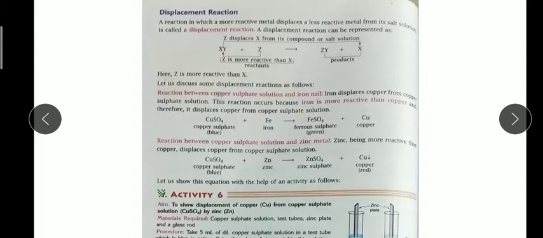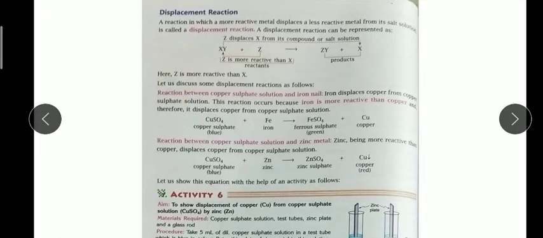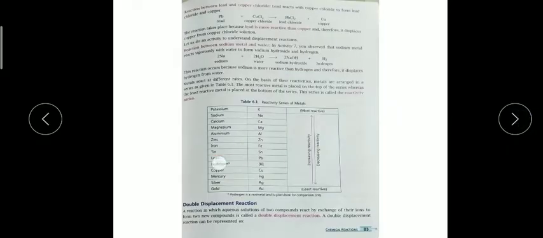A few examples are given. First, the reaction between copper sulfate solution and an iron nail. Here you can see iron displaces copper from copper sulfate. In the activity series, iron is placed a little bit on top, and copper is below the iron.